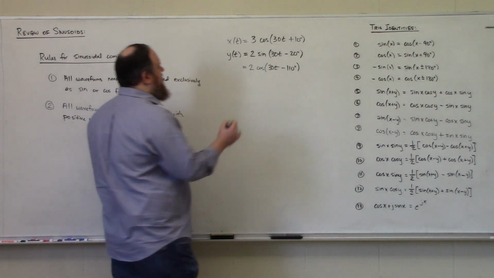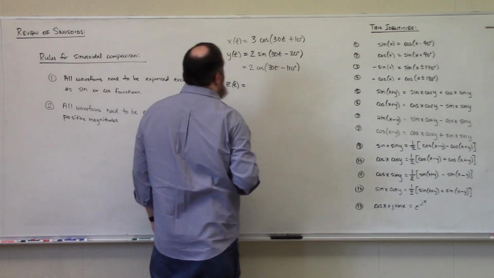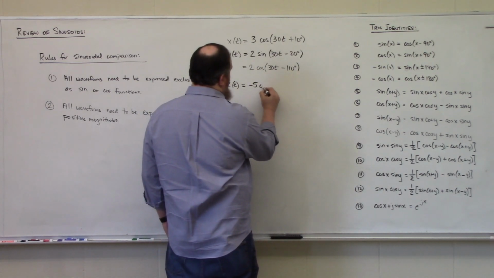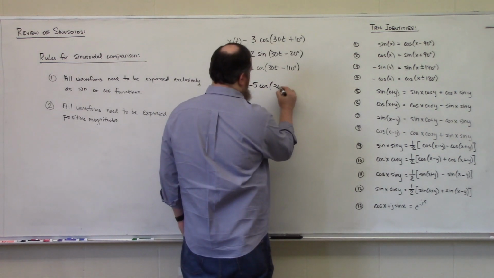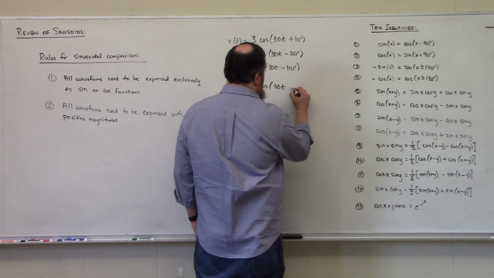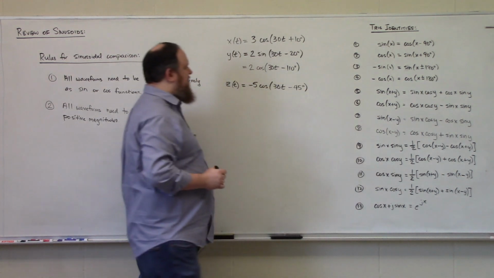So I might have a signal z of t is negative 5 cosine 30t minus 45 degrees.